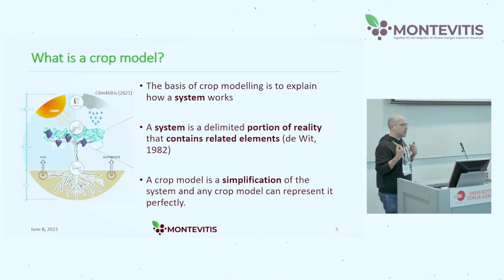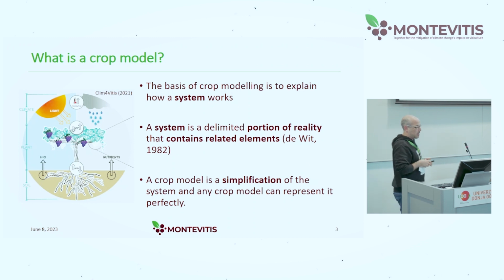Okay, in this case, we should ask the question: what is a crop model? The basis of crop modeling is to explain a system. The system could be the interaction between the plant and the environment in which it is included, but could also be a part of this plant.